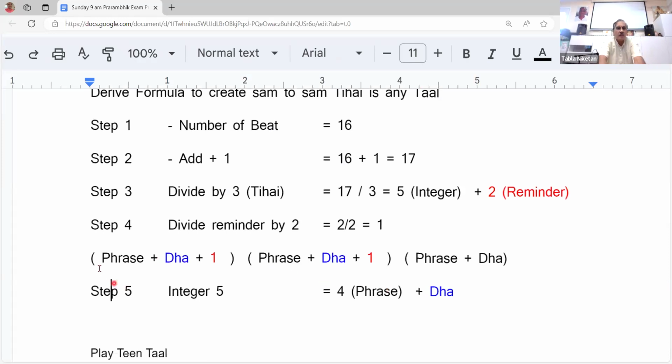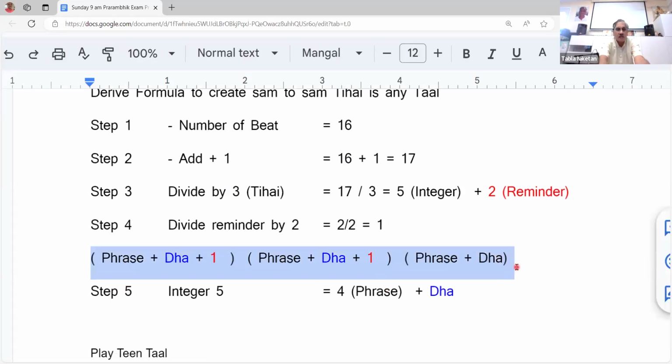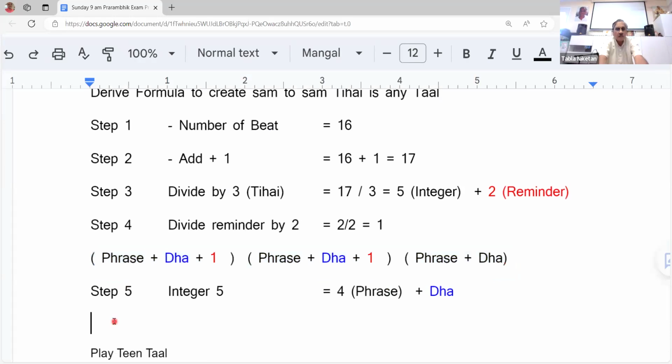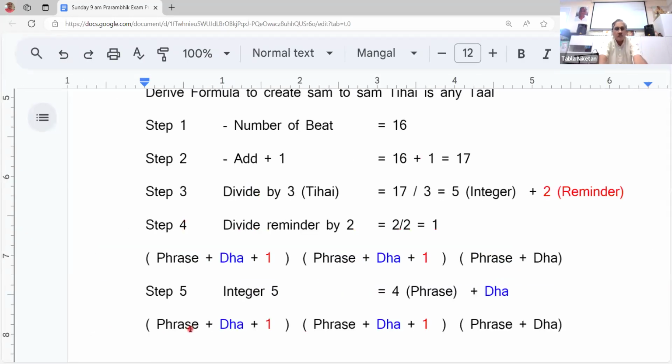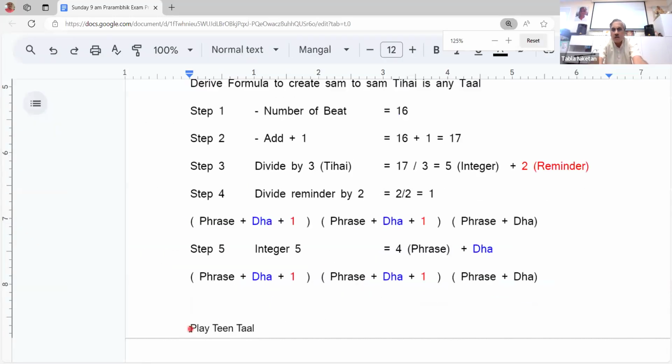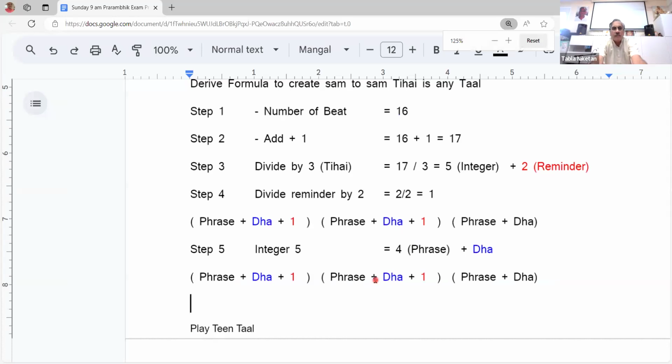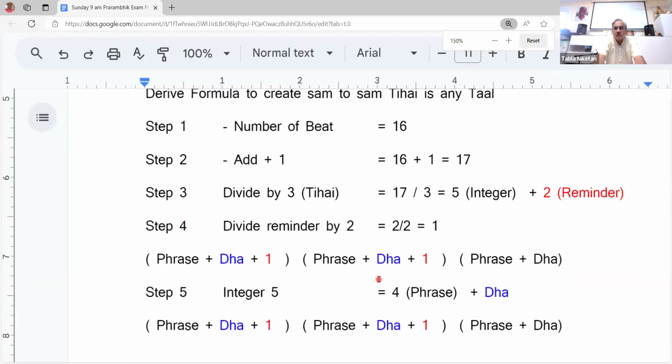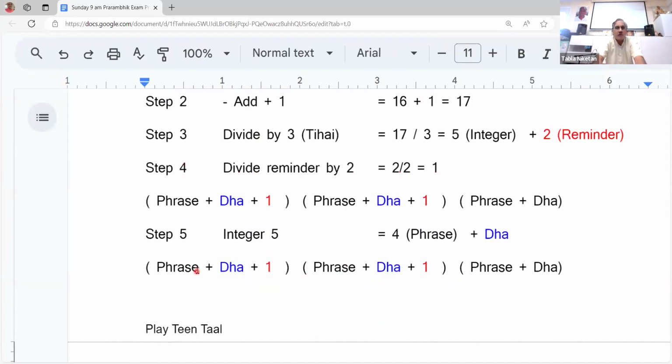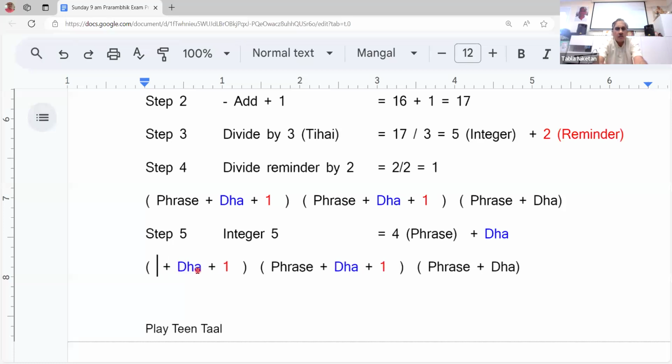I'm copy pasting these again: 4 plus dha, 4 plus dha, and 4 plus dha.